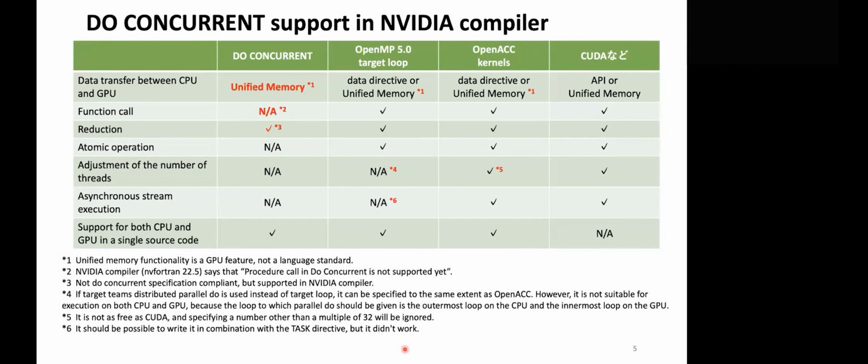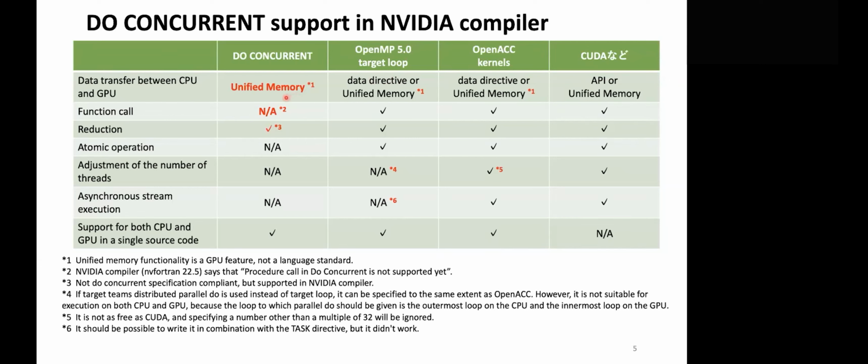And here is a comparison of the implementation of DO CONCURRENT in the NVIDIA compiler with OpenMP 5.0 target loop, OpenACC and CUDA Fortran. While OpenMP has target teams distributed parallel do in addition to the target loop directive, we compare DO CONCURRENT to target loop because target loop is more advantageous for execution on both CPUs and GPUs.